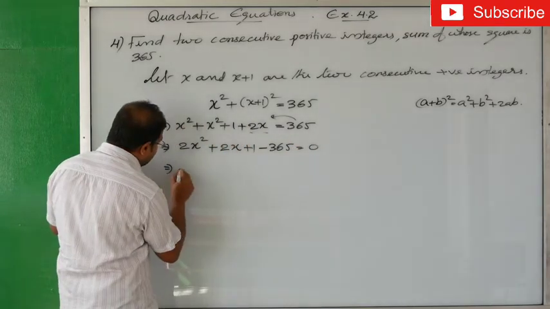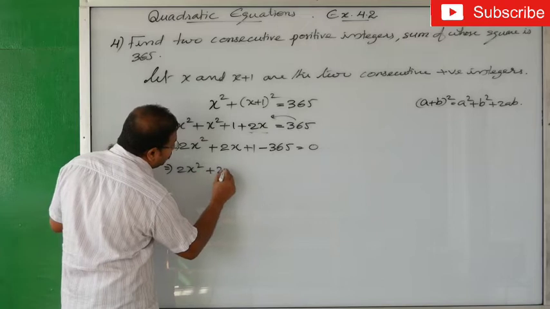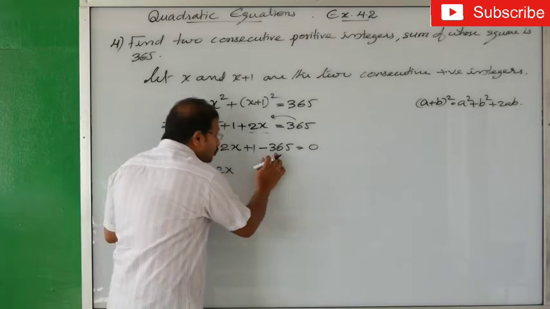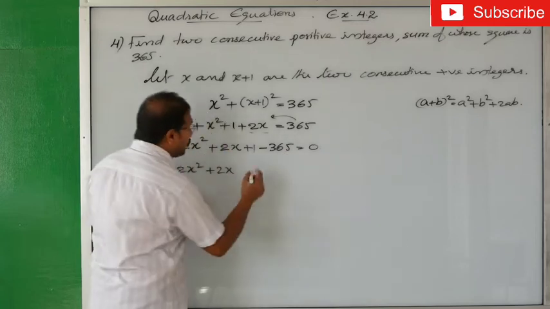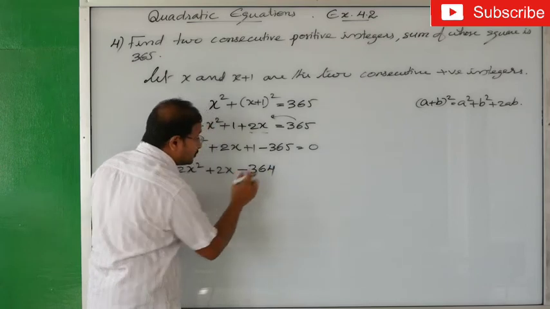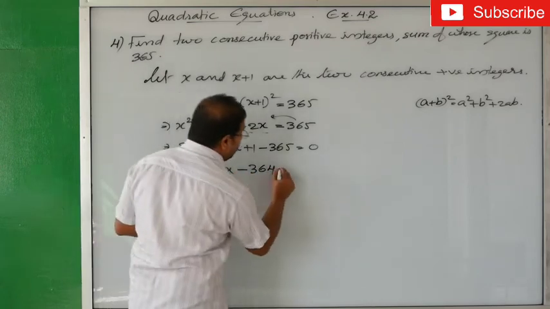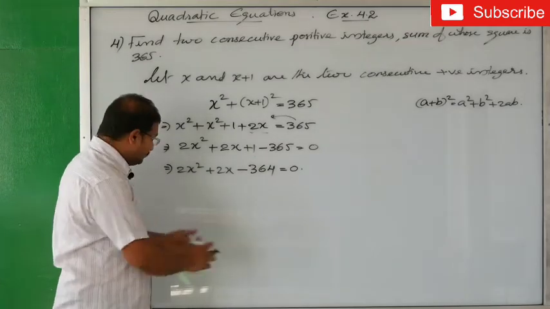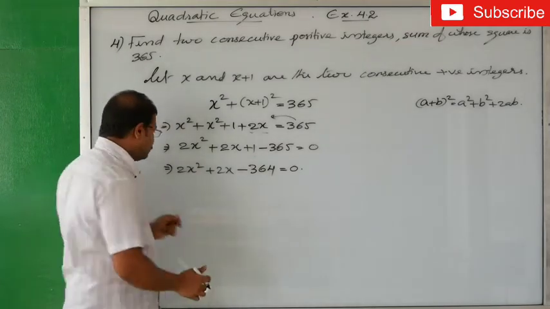This implies 2x square plus 2x, and then 1 minus 365, that is 364, but of course the sign is minus because the bigger number is minus, equal to 0. Now what will we do? We will take common because we can simplify.